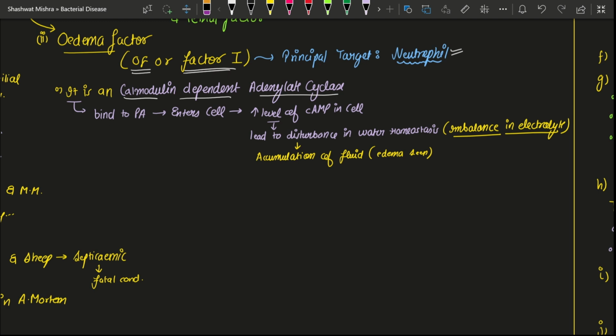Now this edema factor is going to bind to the protective antigen. When it binds to the protective antigen, it will enter the cell and increase the level of cAMP inside the cell, cyclic adenosine monophosphate.